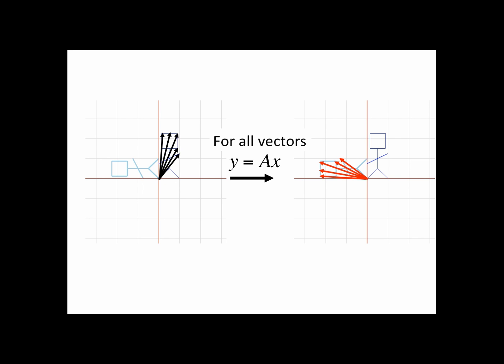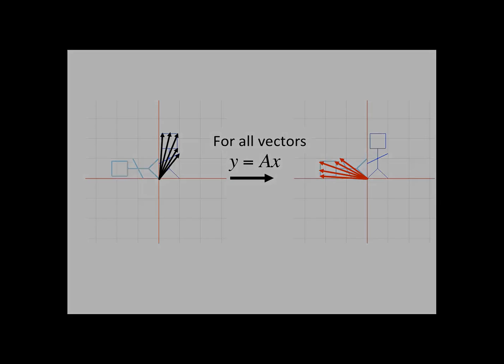So on the left, we have arrows to various points that define Timmy. And on the right, we have arrows to the corresponding points on the target. And the question now becomes, what matrix A will transform Timmy into the target?